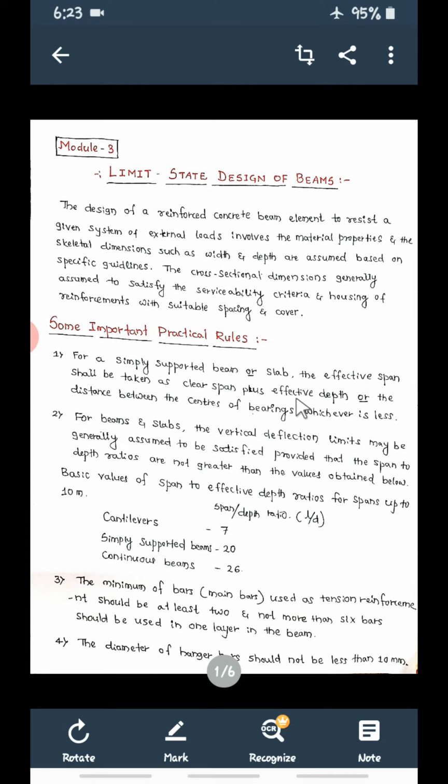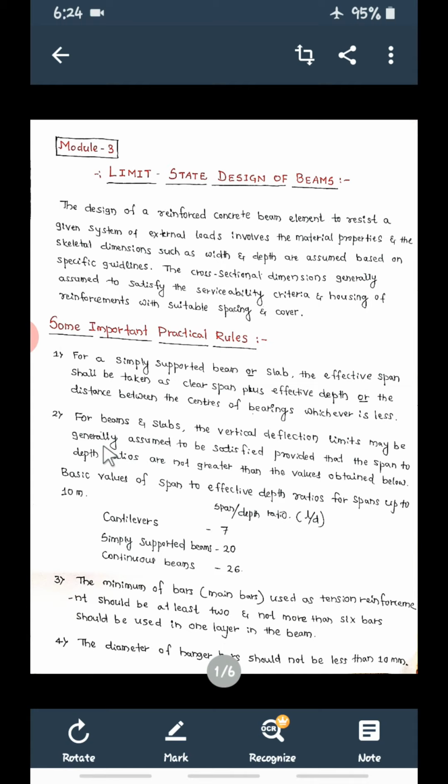Out of these two criteria, whichever is less will be considered as the final effective span of the beam. This is the first important rule you have to remember.